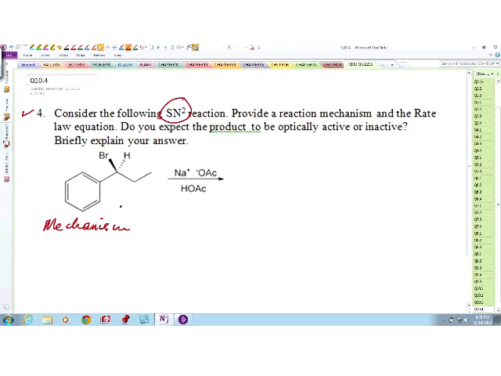By the way, if this is an SN2 reaction, what would be the rate law equation? It depends on both the substrate and the nucleophile. In this case, this is the nucleophile here, the acetate ion. Remember, I believe I told you before that the acetate ion, instead of writing it this way, to save yourself some time, we simply write OAc.